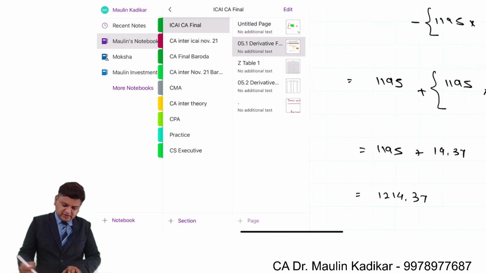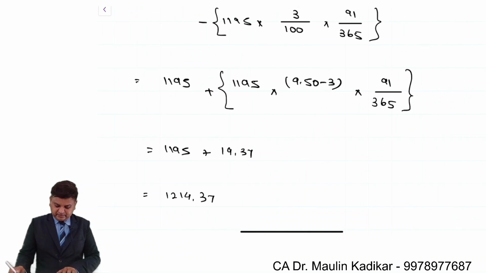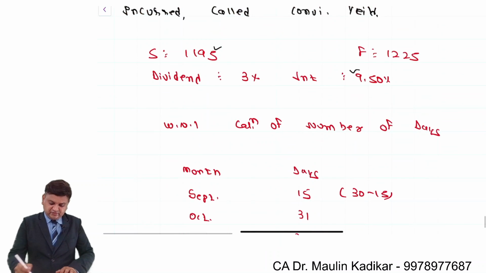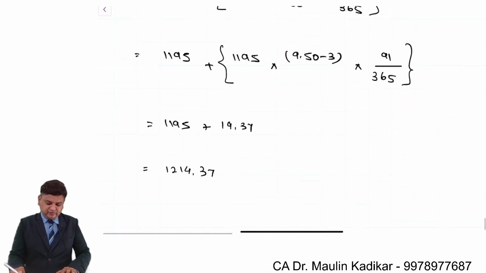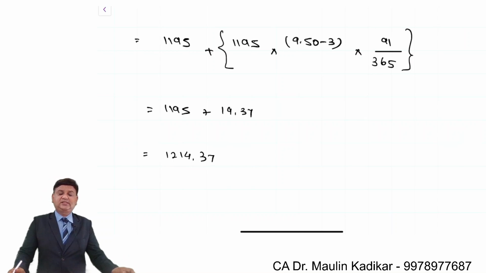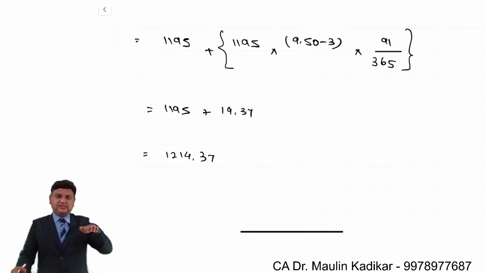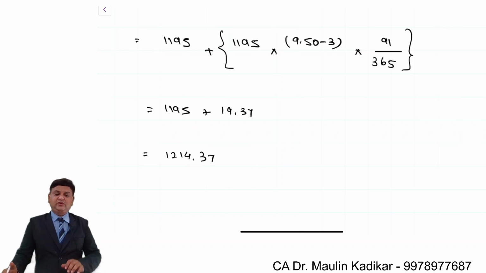Now we can see that the actual price is provided to us as 1215. Sorry, 1225. So 1225 is greater than what it should have been. So we understand that the futures price is overpriced. We have to always understand that the price that we have calculated is the correct price. If the actual price is more, then it is overpriced. If actual price is less, it is underpriced.